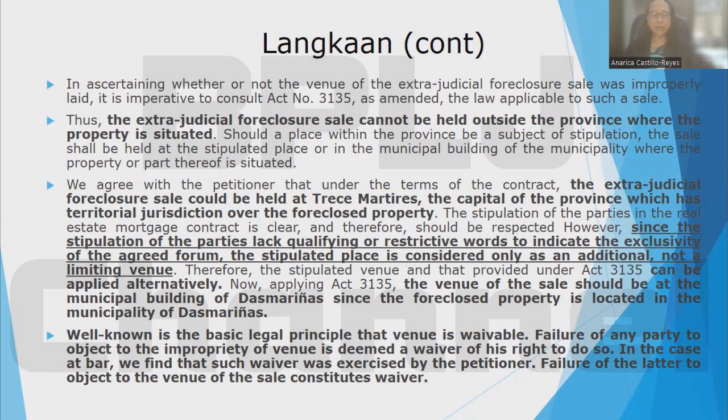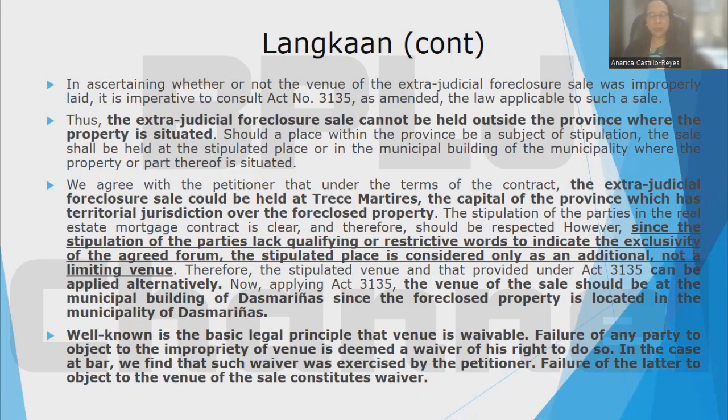The extrajudicial foreclosure sale could be held at Trece Martires, the capital of the province, which has territorial jurisdiction over the foreclosed property. However, since the stipulation of the parties lacks qualifying or restrictive words to indicate the exclusivity of the agreed forum, the stipulated place is considered only as an additional, not a limiting venue. Okay, therefore, the stipulated venue and that provided under Act 3135 can be applied alternatively.